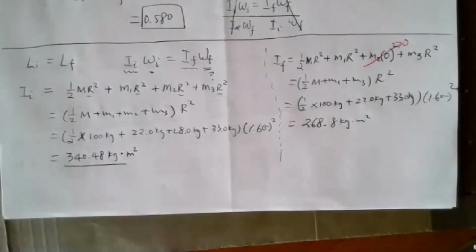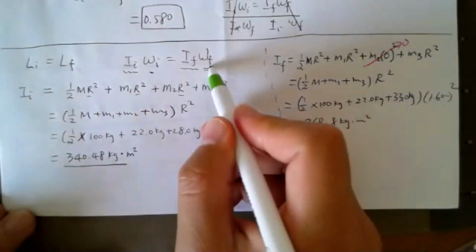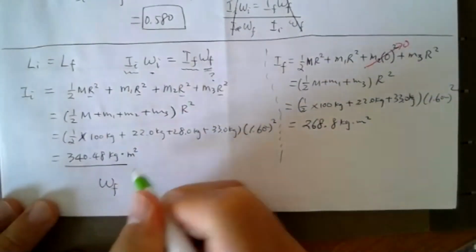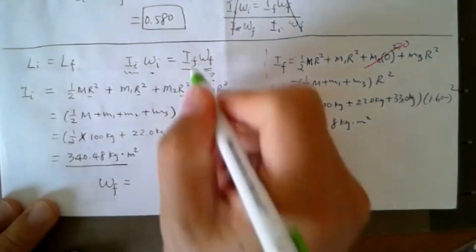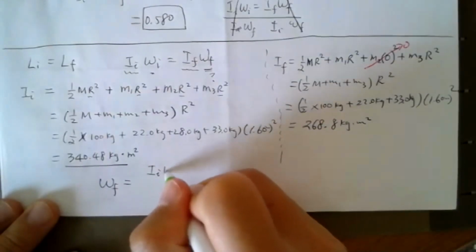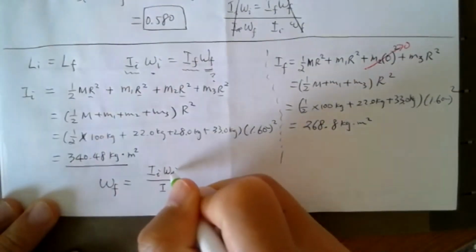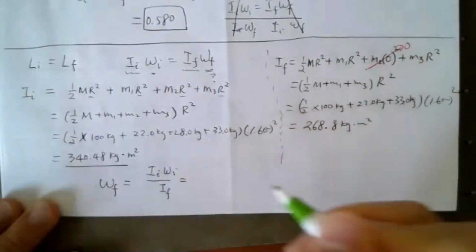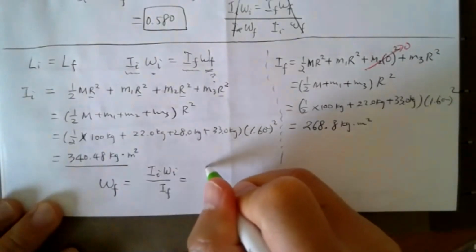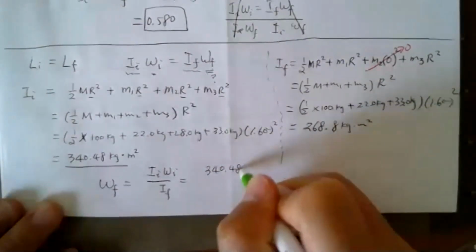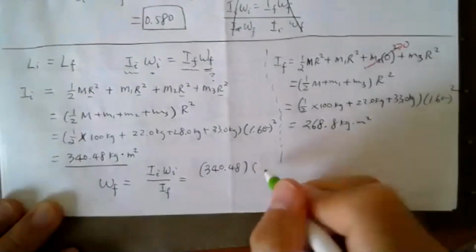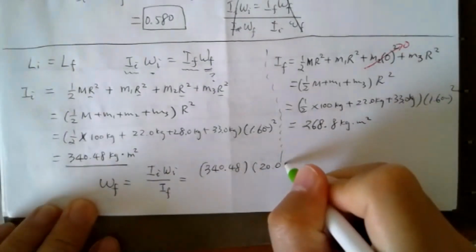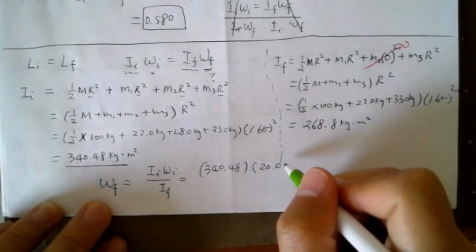All right. Then you're going to solve for your omega now because now you have everything else needed. To solve for omega final, you want to divide everything by I final. So omega final equals I initial omega initial divided by I final. So it'll be 340.48 times the 20, I believe, RPM.